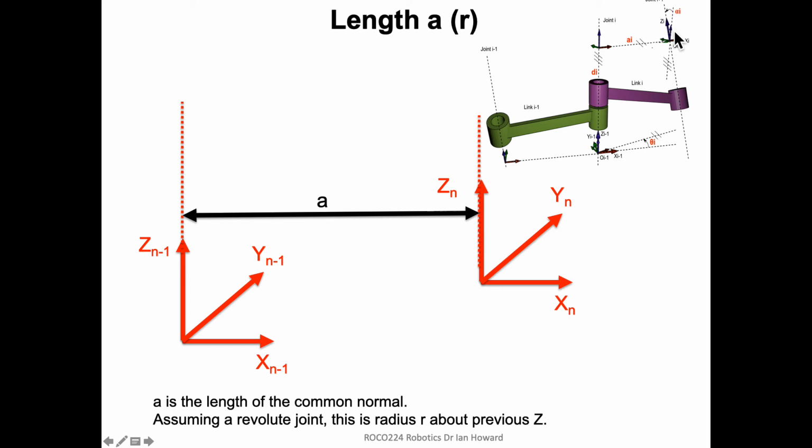So if this was lined up, and this is obviously going off at a slight angle alpha in order to demonstrate what alpha is, if it was straight up, then a would just be the distance between the two. And if it's rotating around, let's say around this first joint here, it would represent the radius of rotation of this second axis around that point. That's also why it's sometimes called R.